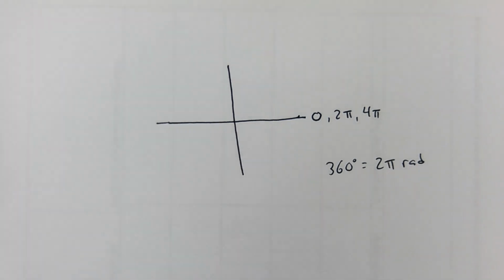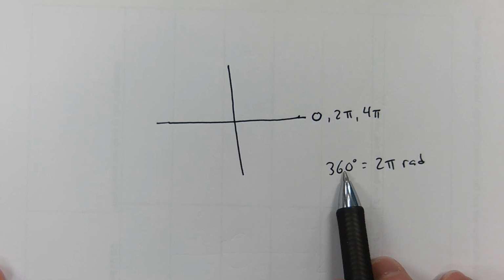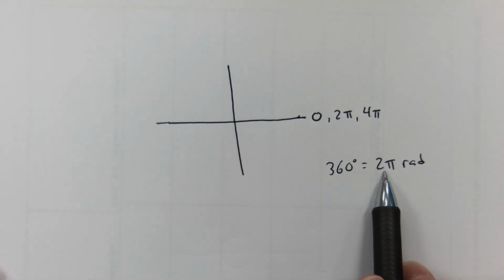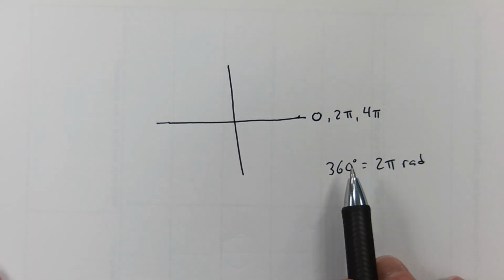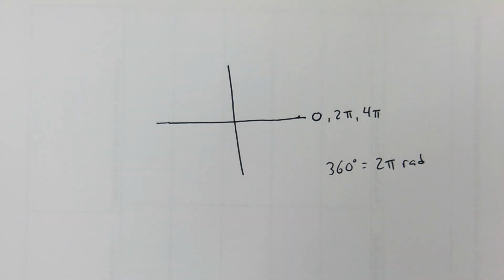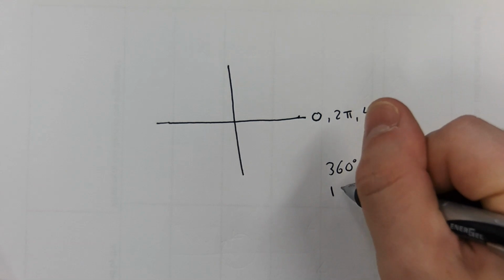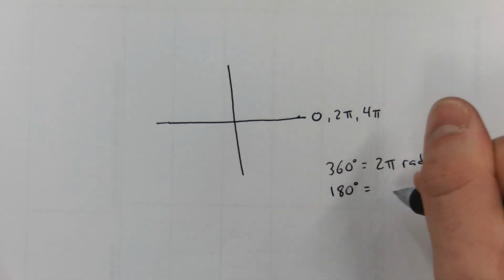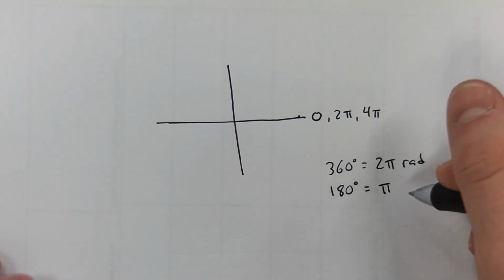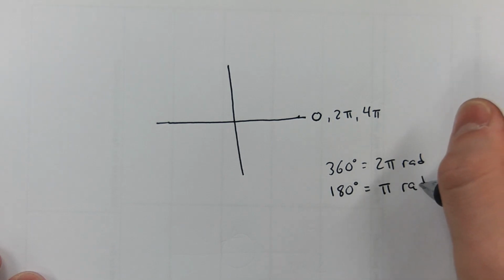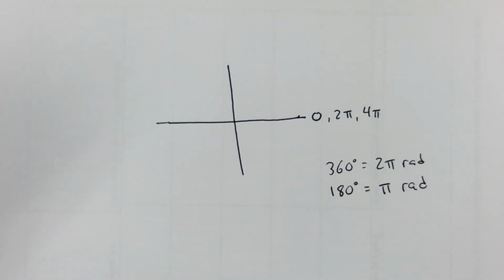Okay, if there are 360 degrees in every 2 pi radians, or 2 pi radians for every 360 degrees, whichever one you're more comfortable with saying, we all need to be comfortable with the fact that I can divide both these numbers by 2 and say that there are 180 degrees for every pi radians, or again, pi radians for every 180 degrees.